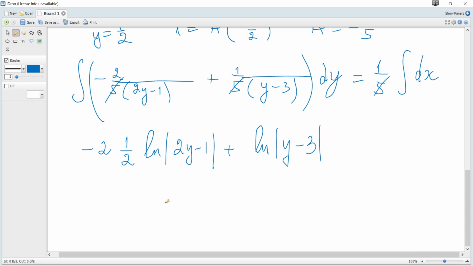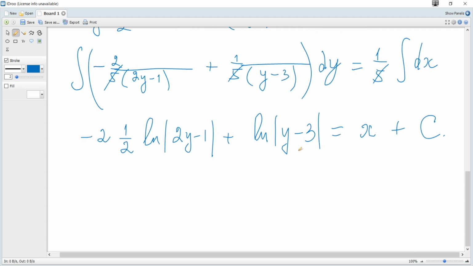ln of the absolute value, because the integral of 1 over x dx is ln of the absolute value of x plus a constant. And the right side becomes just x plus some constant.